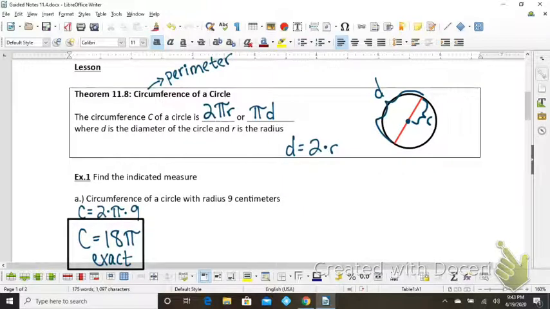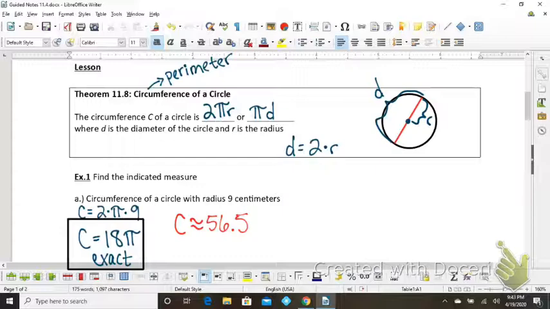If you were to multiply out the pi in your calculator, so you take 18 times, hit your pi button, the circumference is approximately, let's just round to the nearest tenth, 56.5.